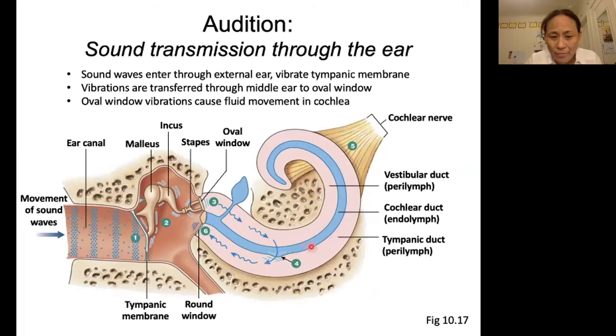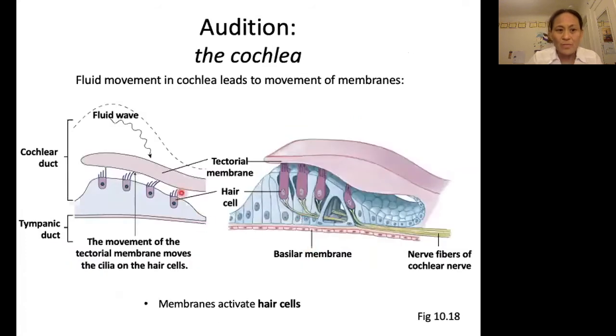If we look at the bottom of the cochlear duct, this is what we're going to see. We have a membrane at the bottom that's connected to the bottom of the cochlear duct, okay? Embedded within that membrane are these cells called hair cells, and those are the ones that are going to be doing the detecting of the sound. Lying on top of those hair cells is this membrane right here called the tectorial membrane.